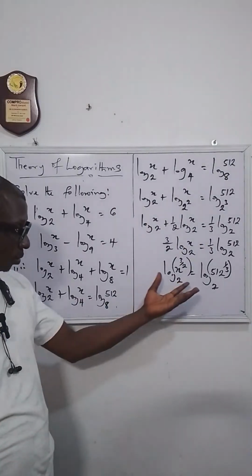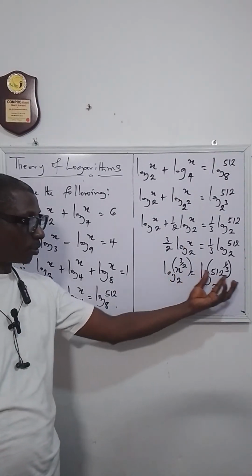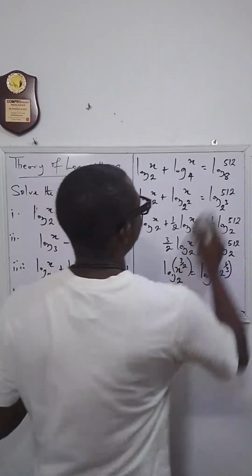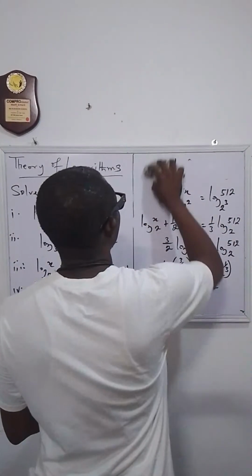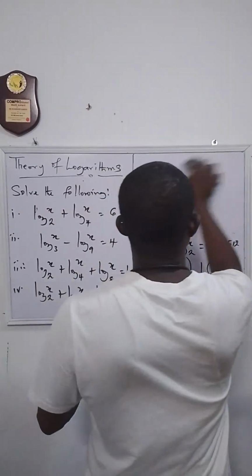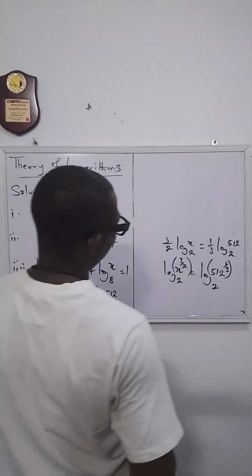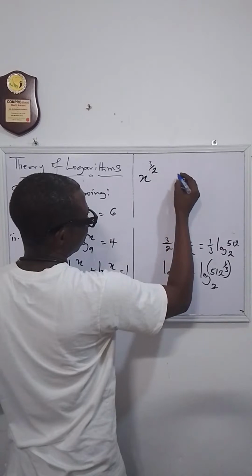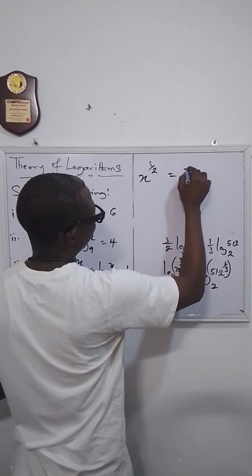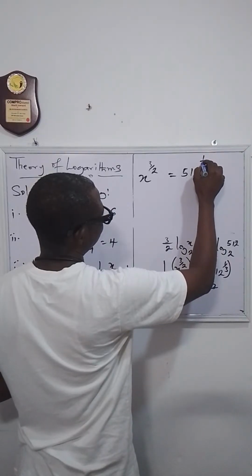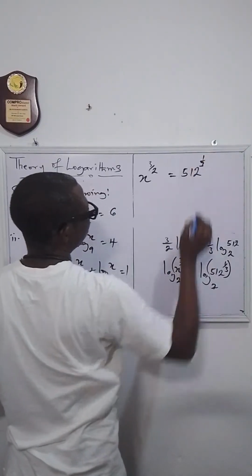So we have to equate the numbers together. So we have x raised to the power of 3 over 2 equals 512 raised to the power of 1 over 3.